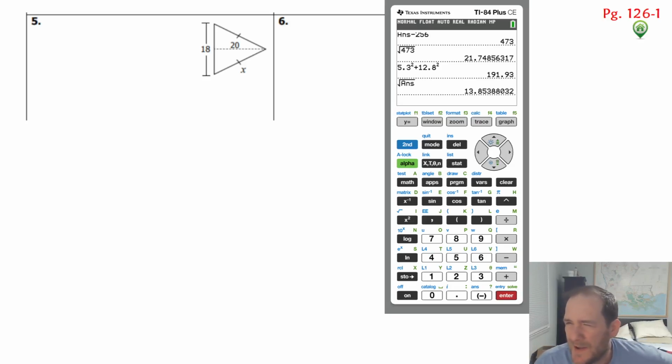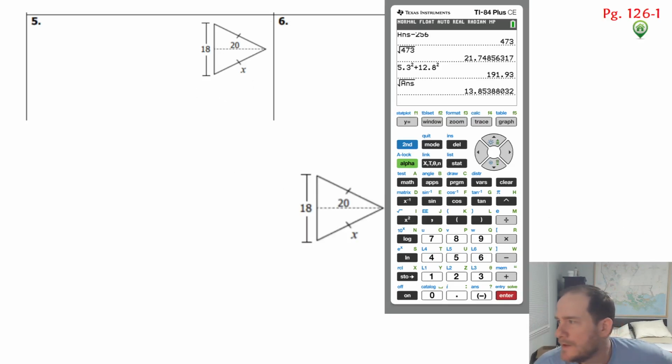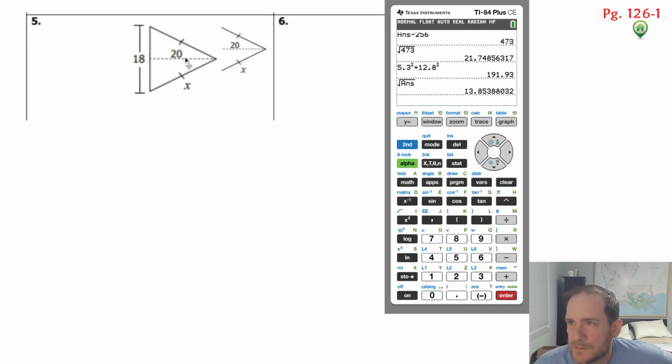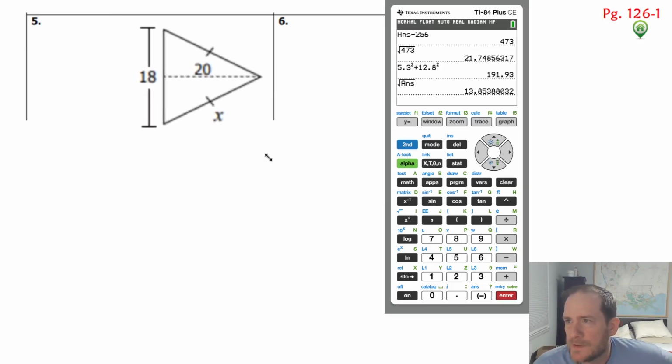Alright, so for 5, we talked in class about this a little bit. I'm going to just take a picture of this so I can make it bigger. So looking at that figure, we know that this triangle is an isosceles triangle because these two sides are marked as being congruent.